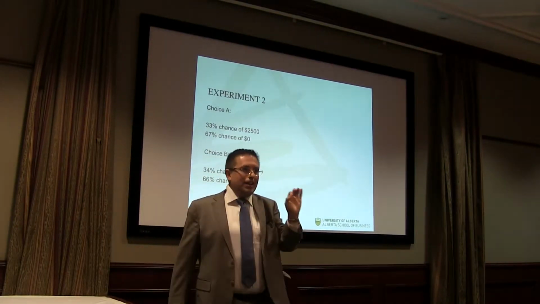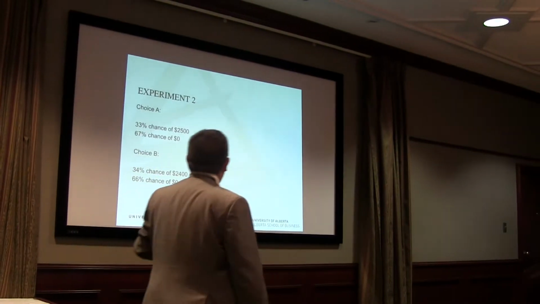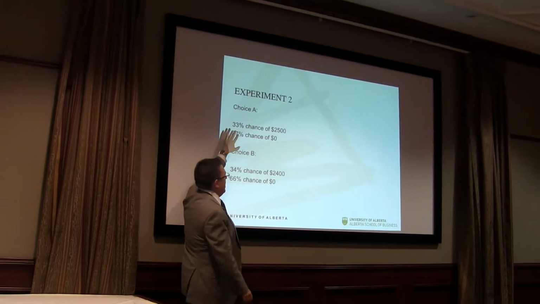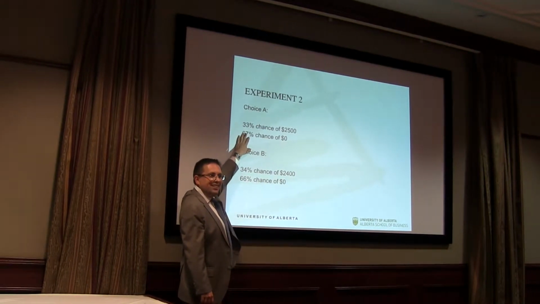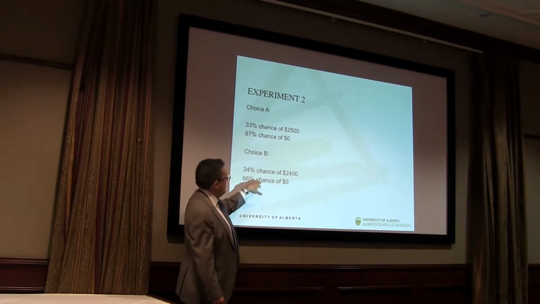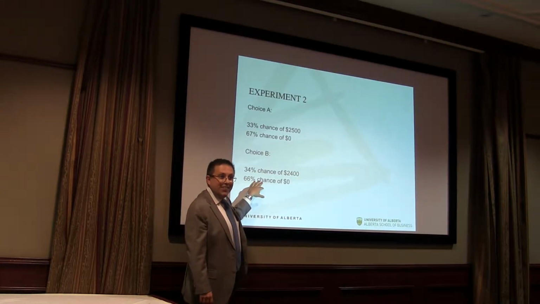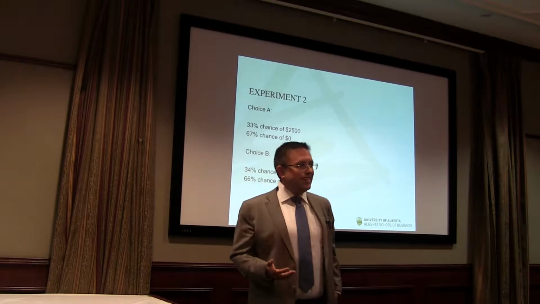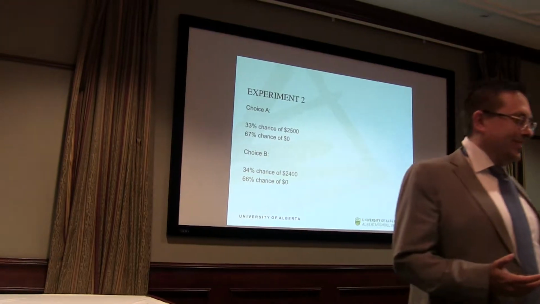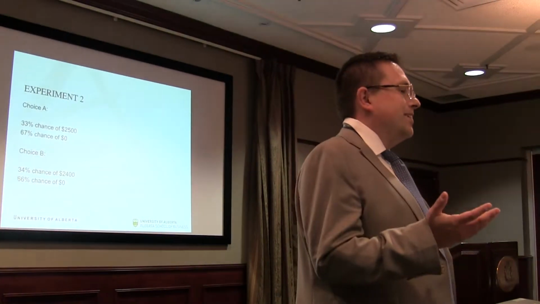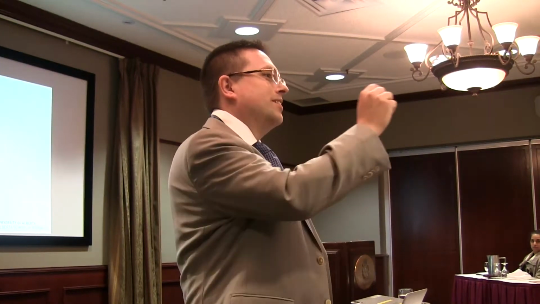So you're getting less in option B. Now we had people that had chosen choice A. They liked the for sure thing in the first one, and then all of a sudden you flip down to this one here. Why did you do that? Because the higher percentage. The higher percentage, yeah. Again, we focus on the likelihood of these outcomes.